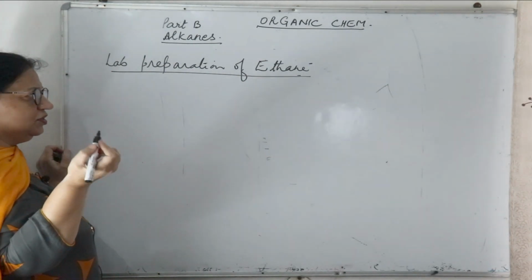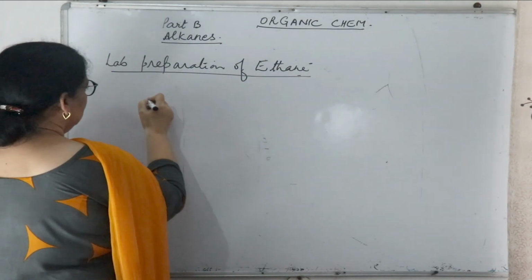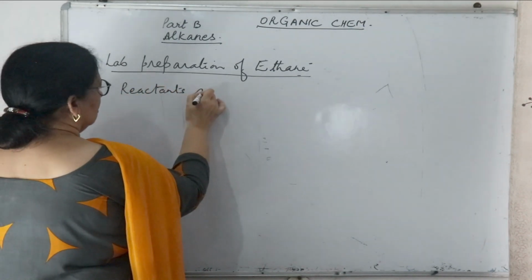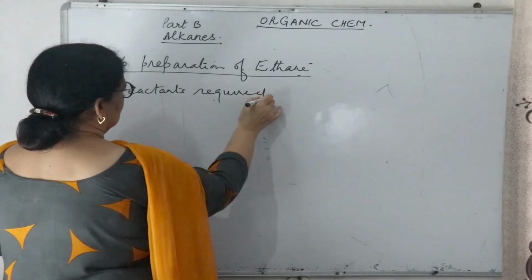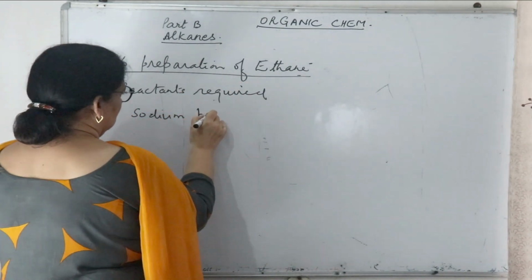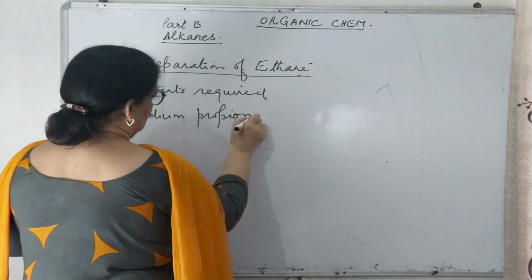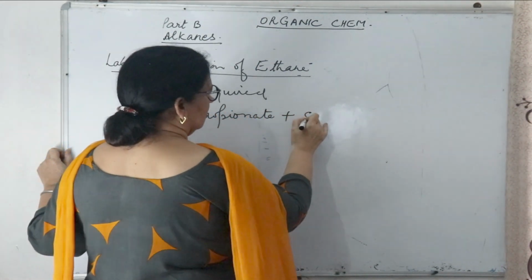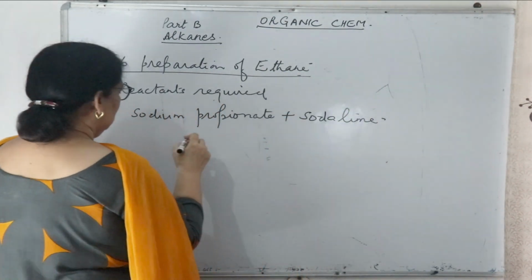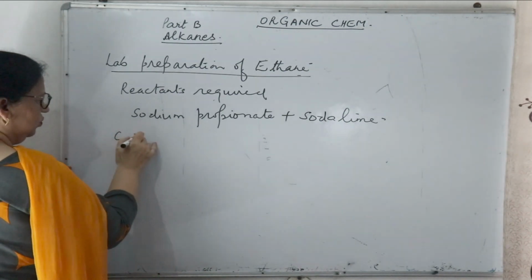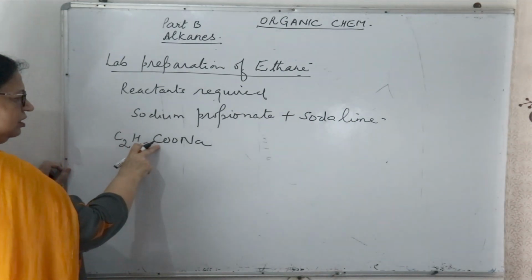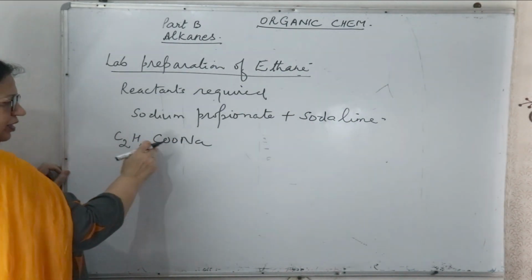Collection and procedure are the same, but what is required? Reactants required are sodium propionate plus soda lime. What is sodium propionate? C2H5COONa. As this has 3 carbons in it, this is sodium propionate.